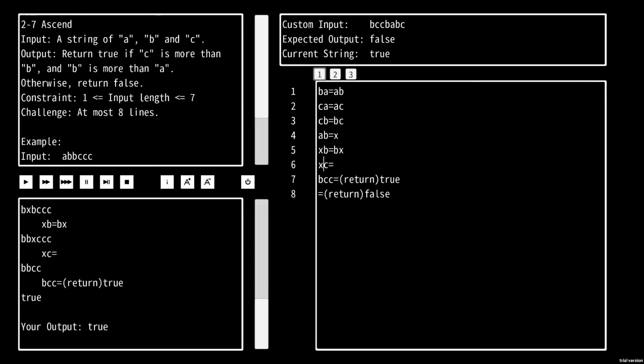Convert all of B's to X's. This is so hard.